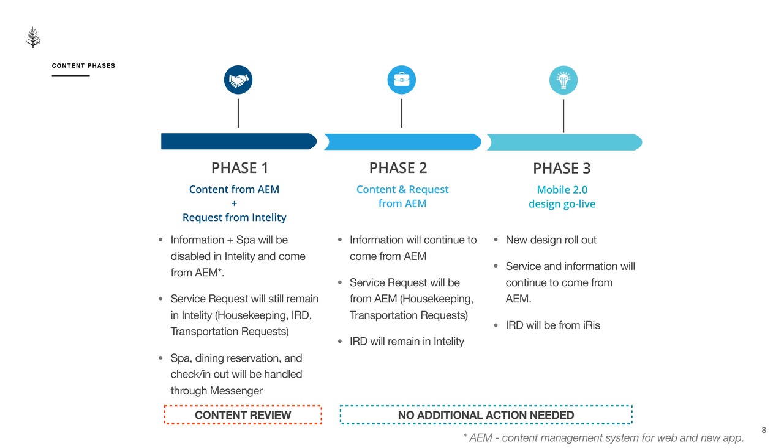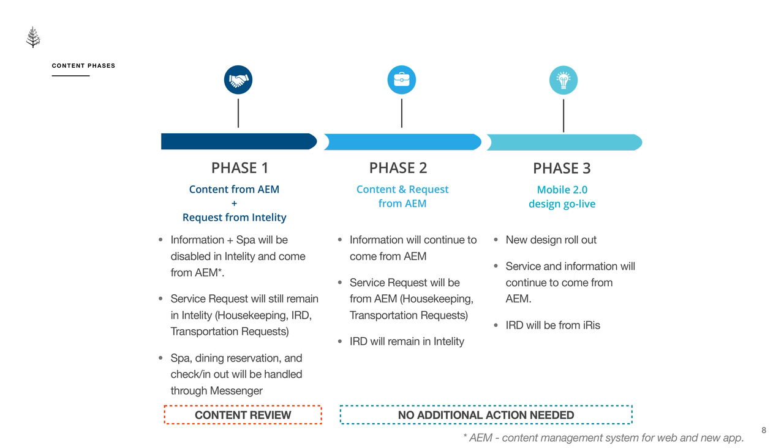And in phase 2, you'll be seeing content and both requests from AEM. Information will continue to come from AEM, and service requests will then be moved to AEM. So housekeeping and transportation requests will be coming from AEM. For in-room dining, this is when your in-room dining team will be working in Iris to make sure the content is inputted properly.